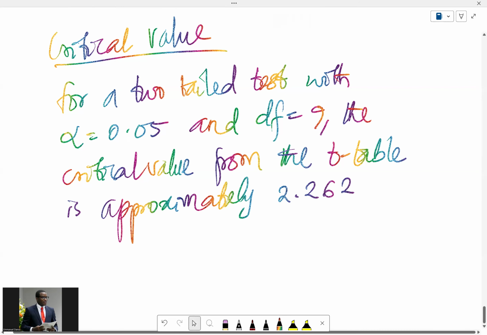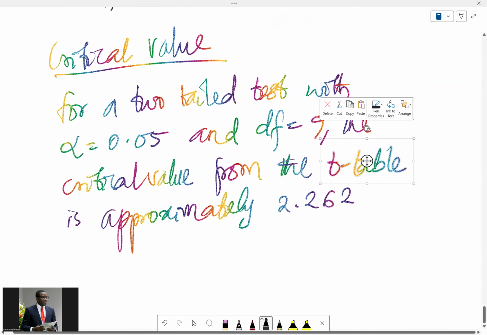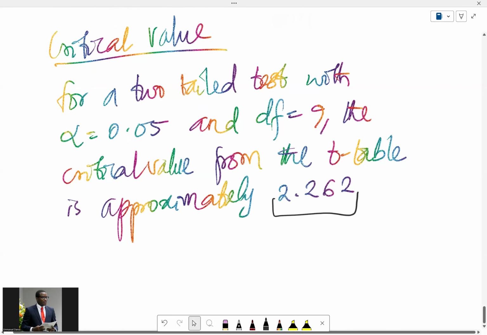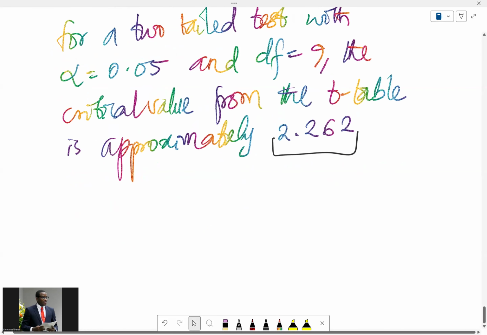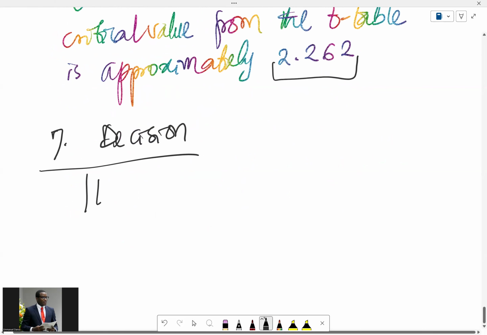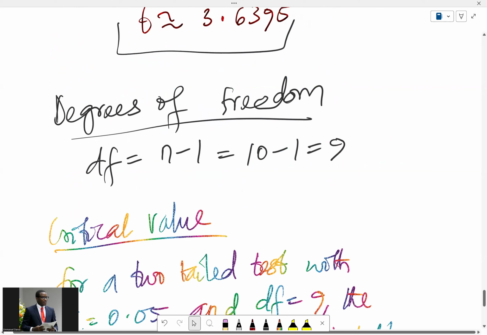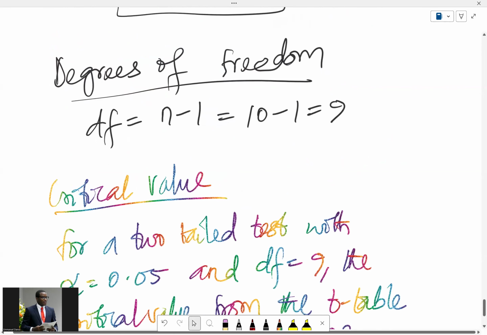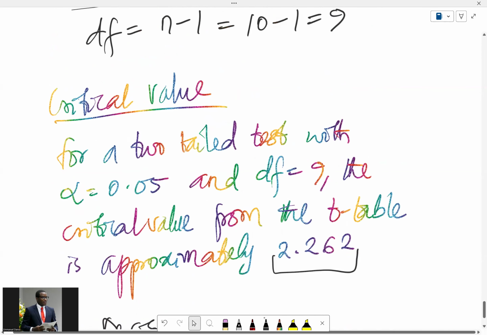2.262. So how does this compare with what we calculated already? So we go for step 7, where you talk about the decision. So what kind of decision do you make with what you have already? So check the absolute value of t. The absolute value of the test statistic is 3.6395.